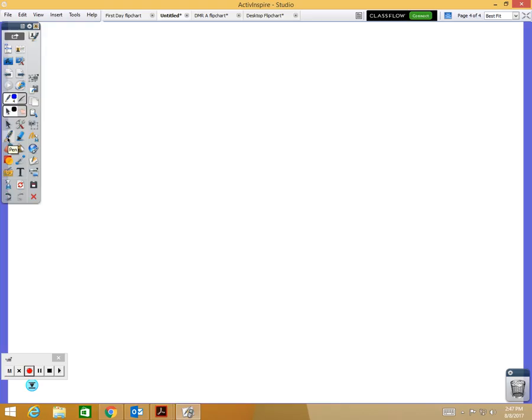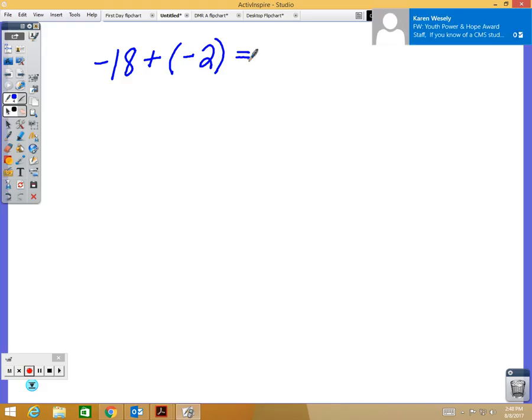Now we have some examples already down for the normal things that we just had. Let's do negative 18 plus a negative 2. This one is an example of where you have more than one sign in front of a number. In front of that 2, we have a plus sign and a negative sign. So let's keep the negative 18.